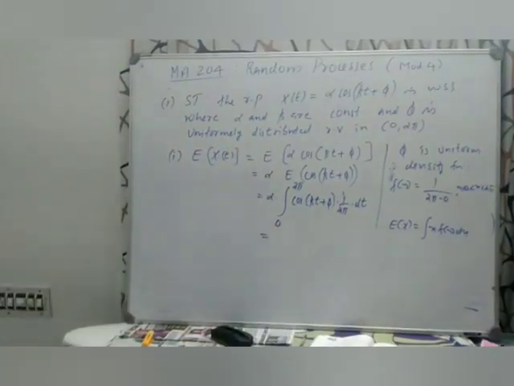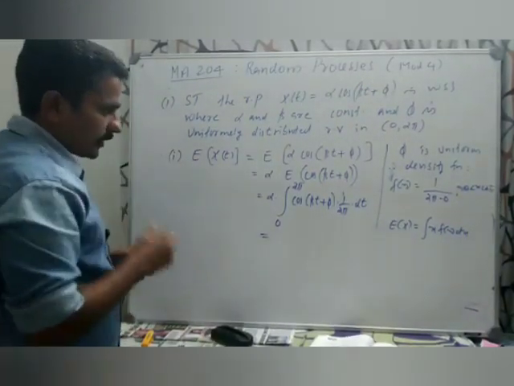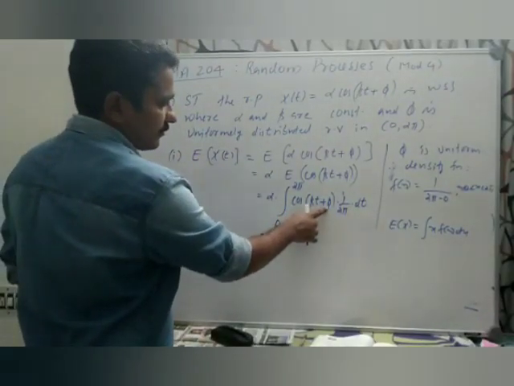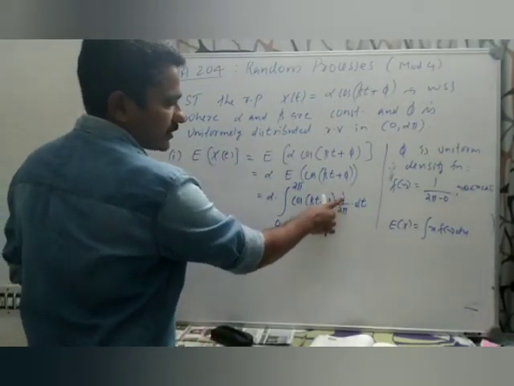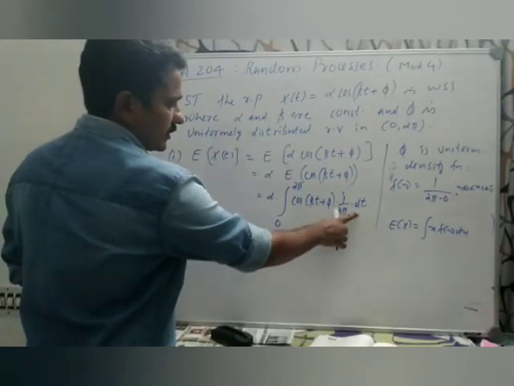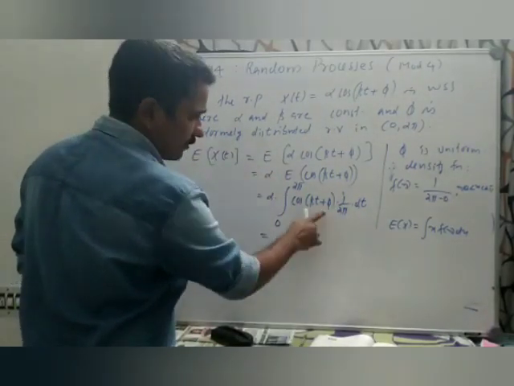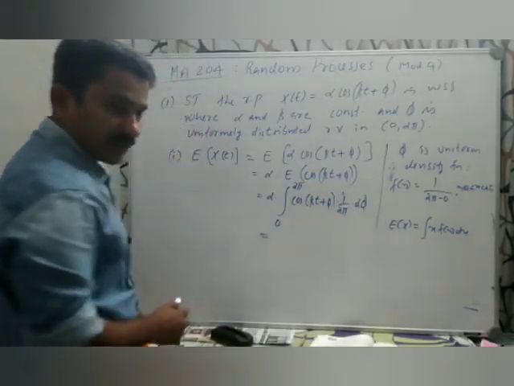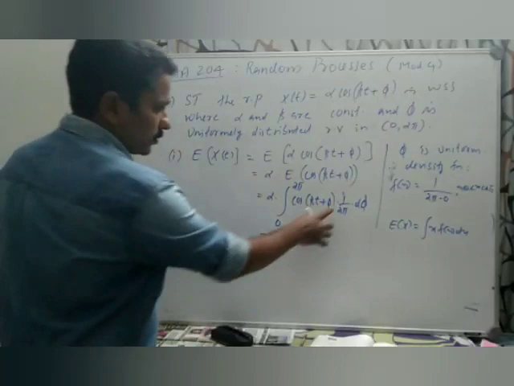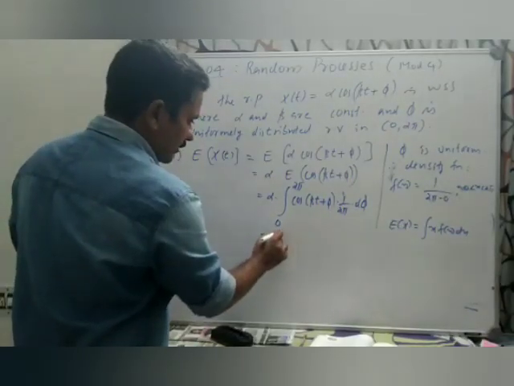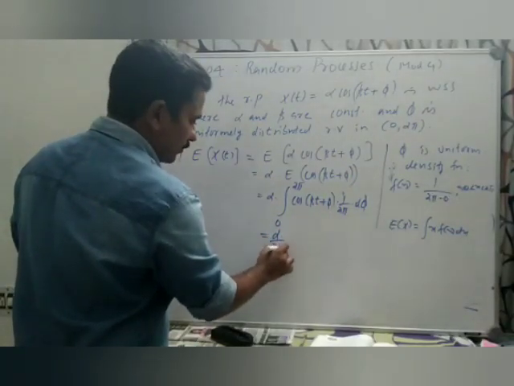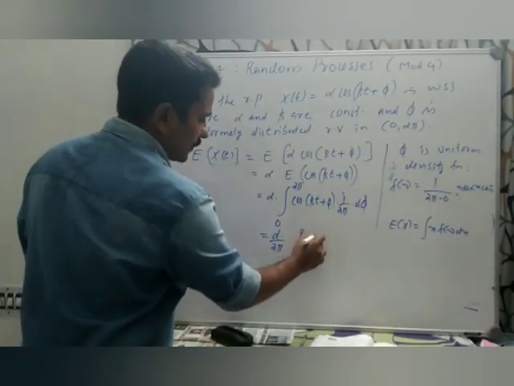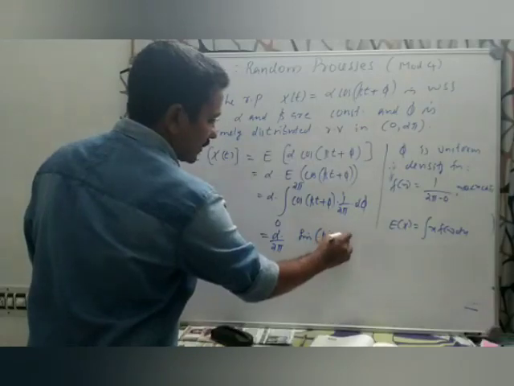All right, so the integral from 0 to 2 pi of cos of beta t plus phi times its density function, and here the random variable is phi, so it's not just t but d phi. Okay, so 1 by 2 pi is a constant, so alpha by 2 pi times the integral of cosine, which is sine of beta t plus phi.